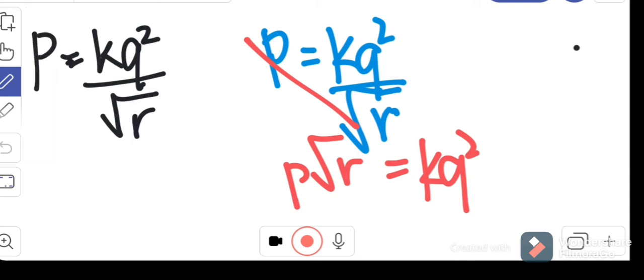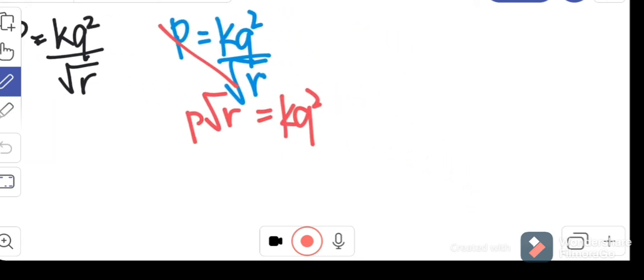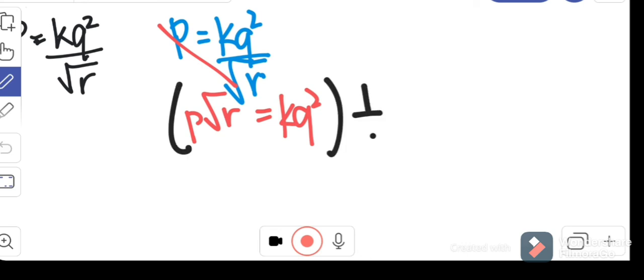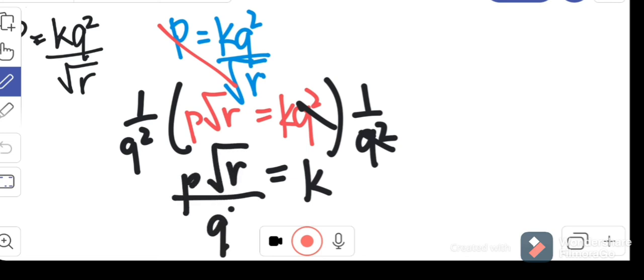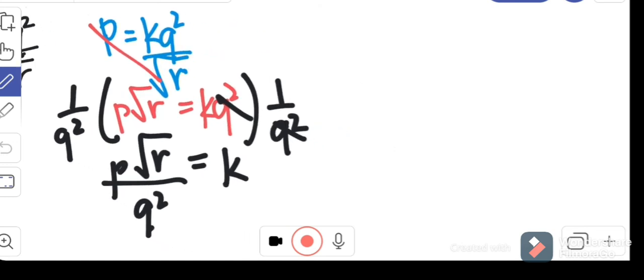Then we will simplify by removing the q squared beside k by multiplying 1 over q squared on both sides of the equation, and that would cancel. That's k now is equal to p square root of r over q squared. So we will just rewrite it.